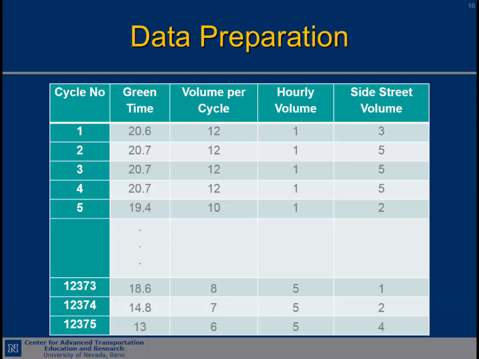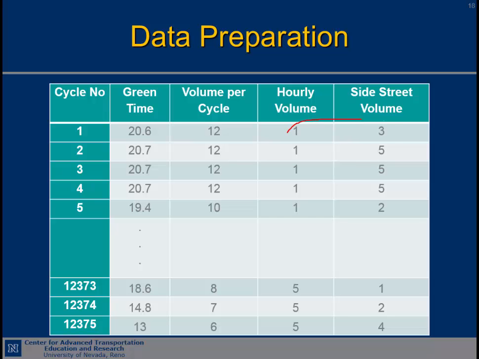Based on the simulation, we prepared our data, which in each cycle shows how much green time we have, the volume per that cycle, and the hourly volume on our major street and our side street.